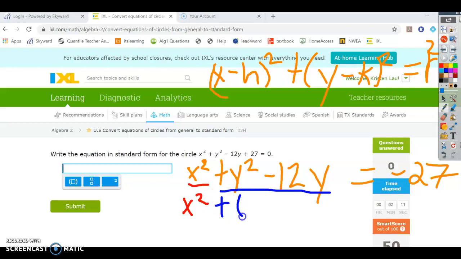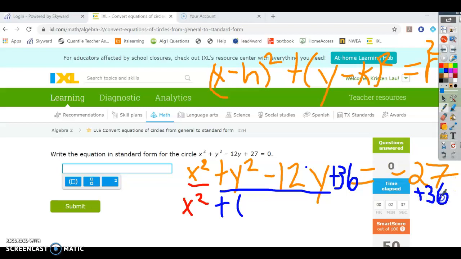So in order to complete the square, I am going to take half of negative 12, which is negative 6, and then I'm going to do negative 6 squared, so negative 6 times negative 6, so that's a positive 36. So if I add 36 to the left side, what do I have to do to the right side?